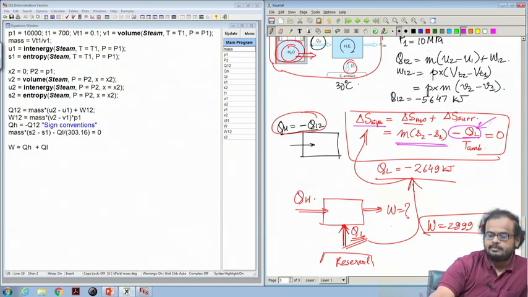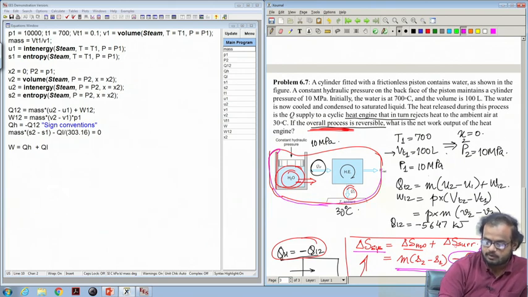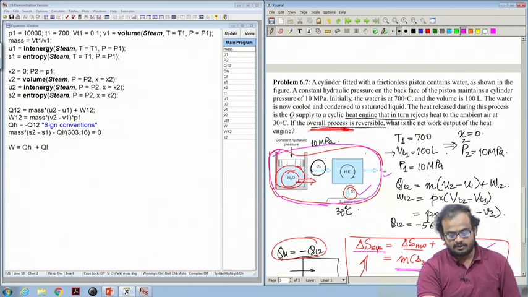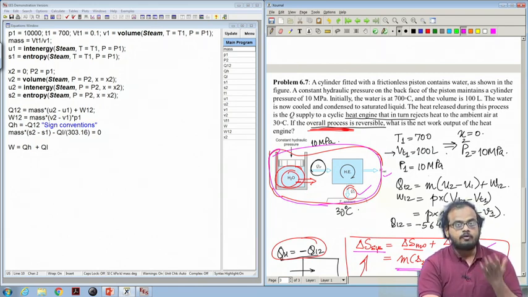The entire process is free of any entropy generation, and hence we could find out what this final heat transfer should be. See, because in this particular control volume, the only interactions are heat and work. This thing is internal and hence it does not figure. Whatever is there inside the control volume is only water, it is changing state from 1 to 2. So the change in entropy of water is known, because entropy is a state property. We do not need to bother how that water went.